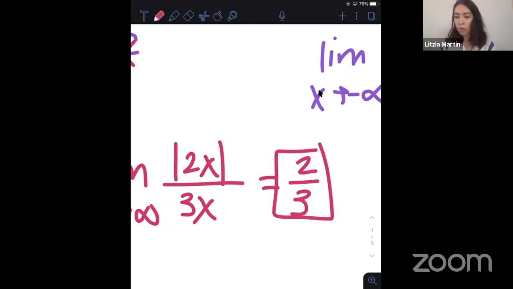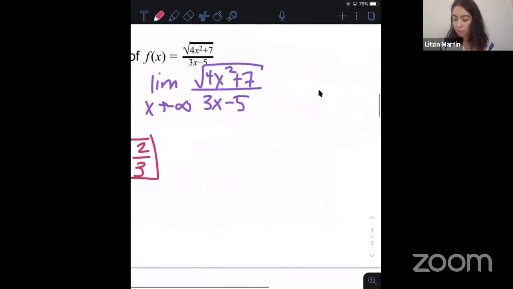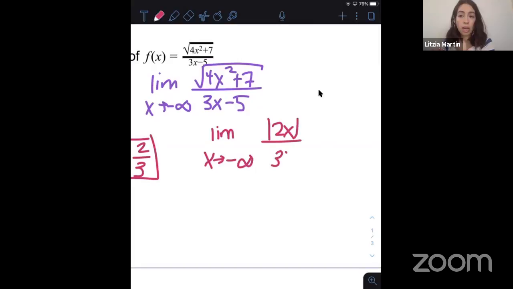Remember, for horizontal asymptotes, we also want to check the negative side. So this same kind of logic applies, where this will basically become absolute value of 2x divided by 3x, but this time we're talking about negative infinity.